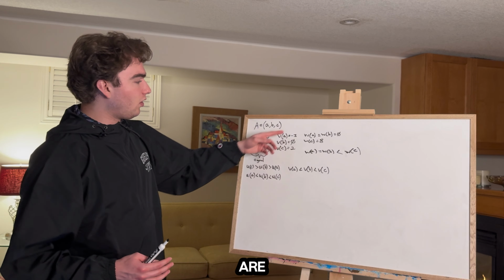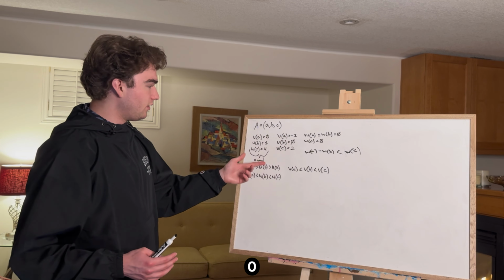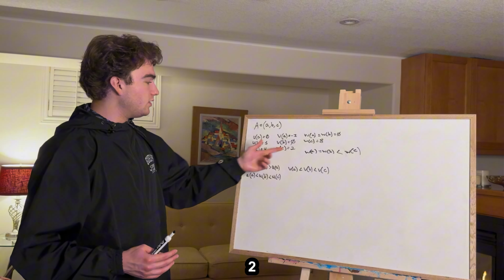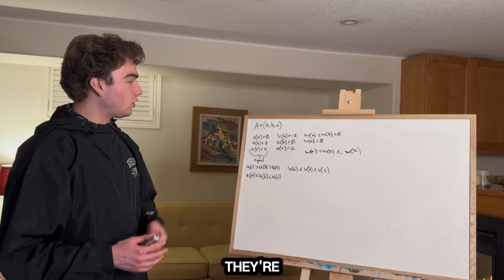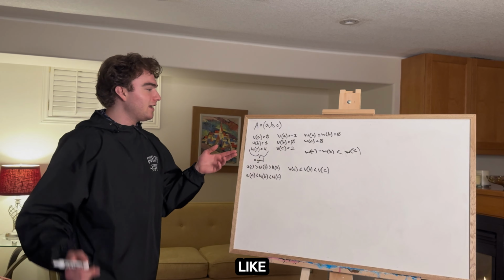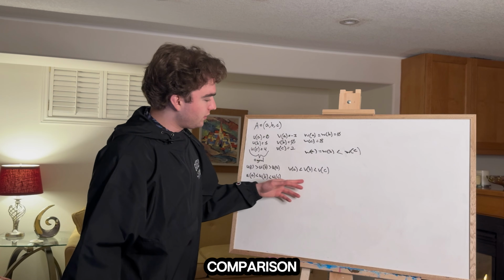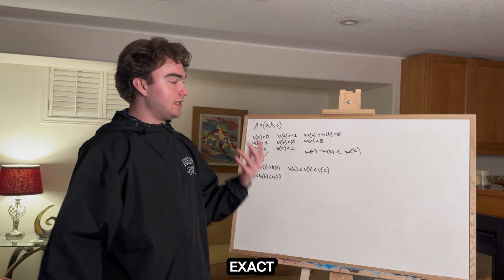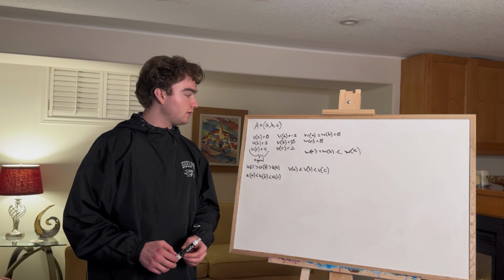Because these are all different numbers, okay? Less 1 compared to 0, 0 compared to 1, 2 compared to 4. They're all different. Like, U of A does not equal V of A. But in comparison with each other, it tells the exact same story. And that's what really matters. Okay?